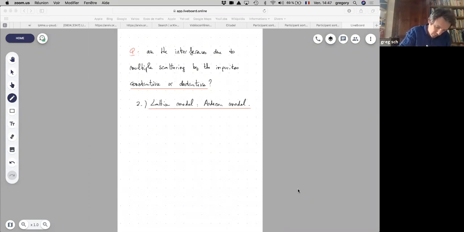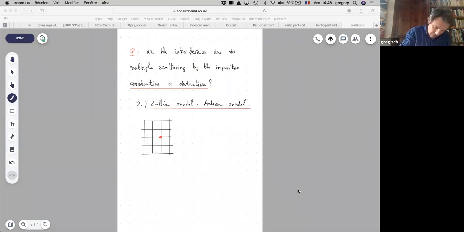Okay, so instead of having a particle that moves in a continuum, say in R, I will now consider the case where my particle just lives on the sites of a lattice, say of Z^d, and that means that typically my particle may live on the vertices of this lattice.